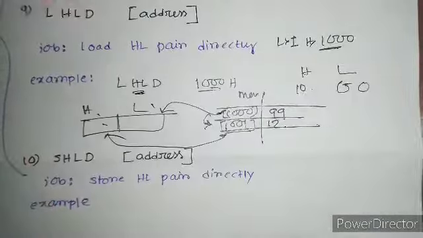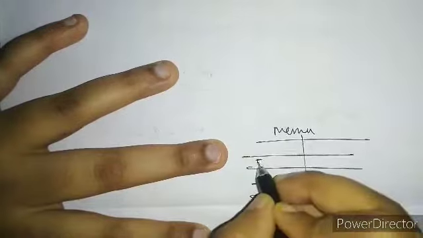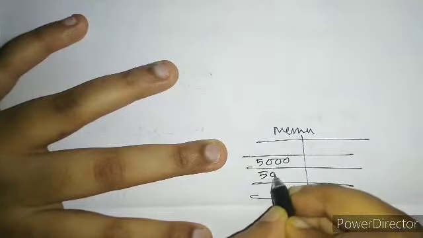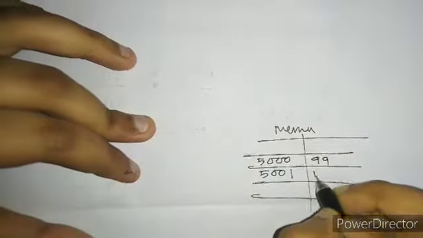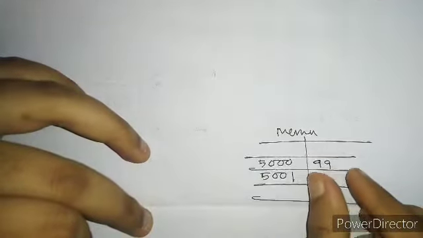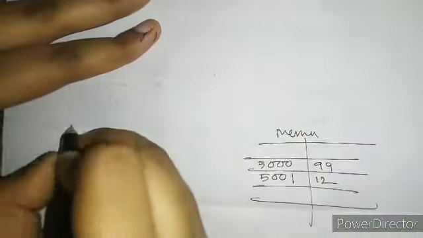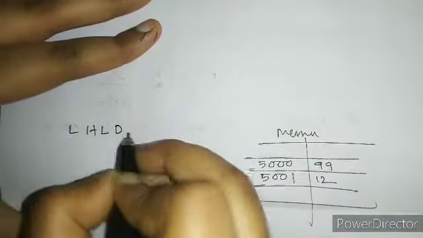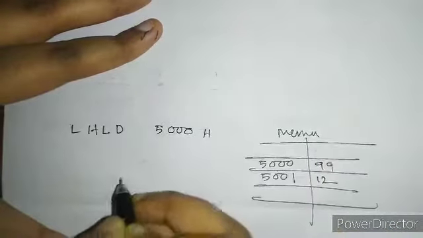Let me say this again. Suppose in memory there is 5000 and 5001. Obviously it is continuous memory allocation, so there is data stored somewhere. What you have to do is get the data from these two separate locations into a register pair. So LHLD, then the address 5000H.